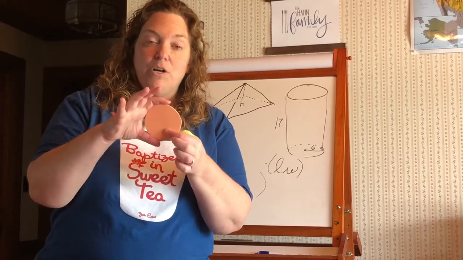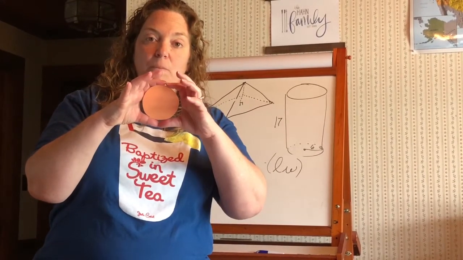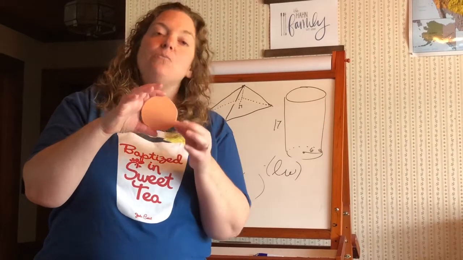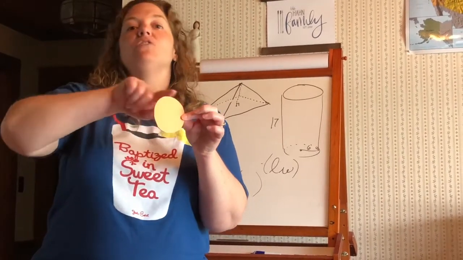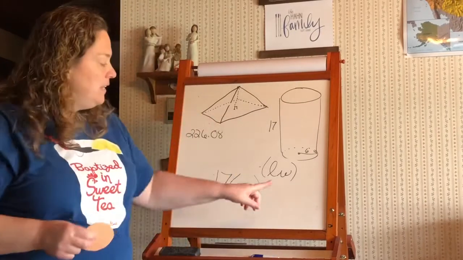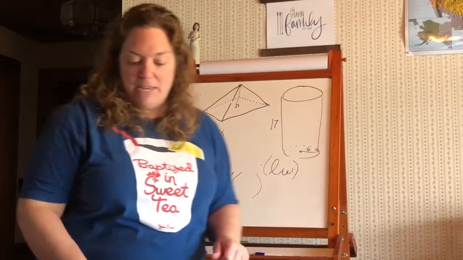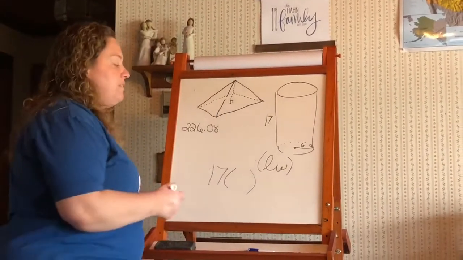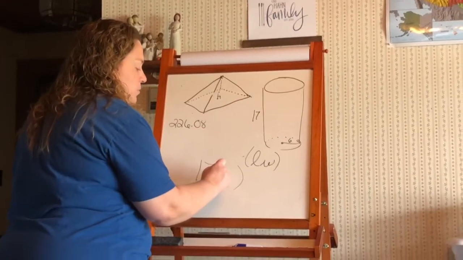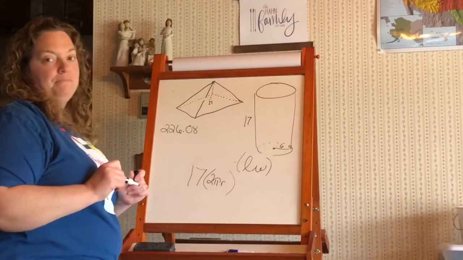What's that word for the measure around the edge of a circle? Circumference. So we have to use the formula for the circumference of a circle to find the width of our rectangle. What's the formula for circumference? It is 2 pi r.